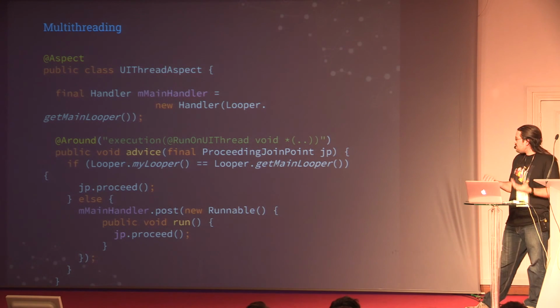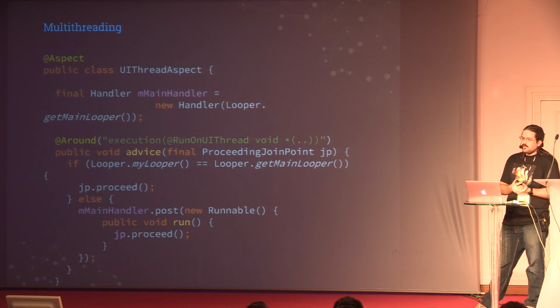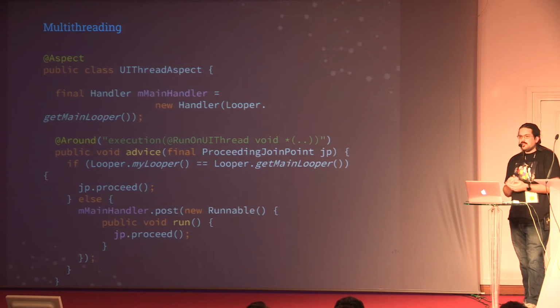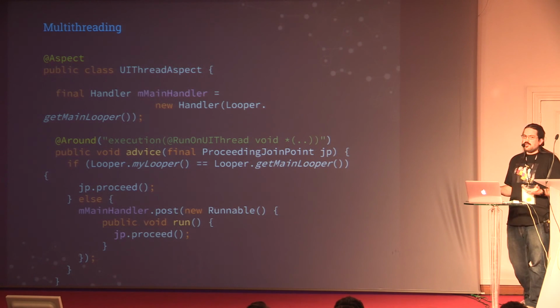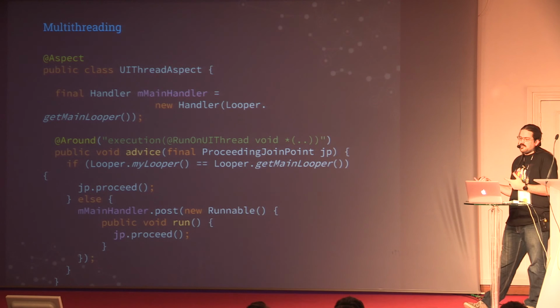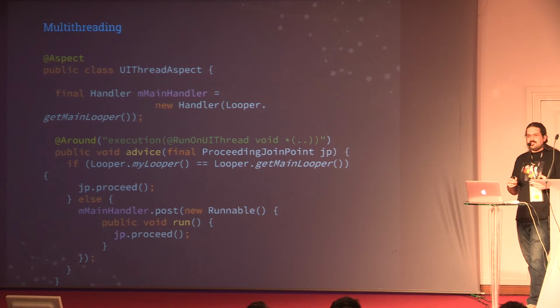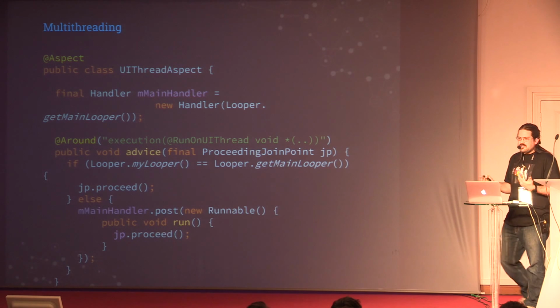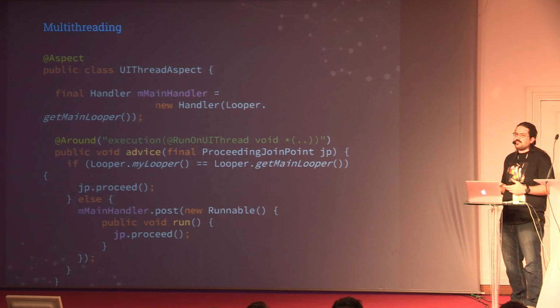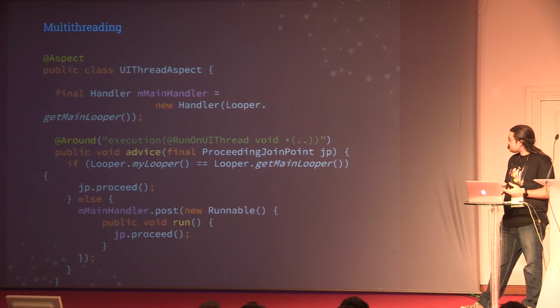And if I'm not, I just post it inside a runnable to my handler. So whenever you add the RunOnUIThread annotation on any method, if you're on the UI thread, it runs immediately. If not, then it is posted on the UI thread. So you don't have to do your getActivity().runOnUiThread or stuff like that. Just an annotation makes sure that your code is actually inside the UI thread.